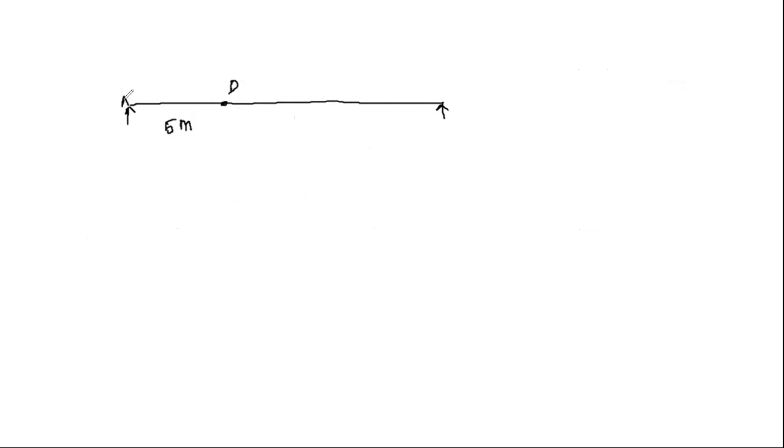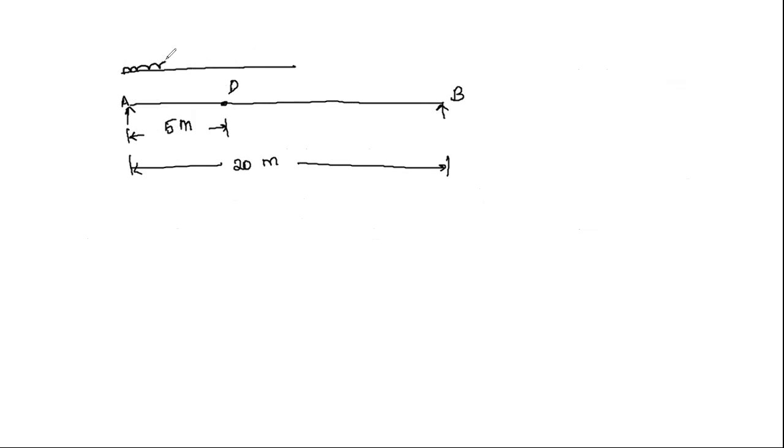Let it be point D, and let the ends be A and B. The total length of the beam is 20 meter, and it is subjected to a UDL of 8 meter span with intensity 10 kilonewton per meter. So the first step is to find the maximum bending moment.